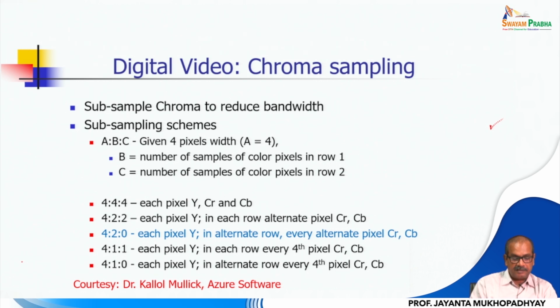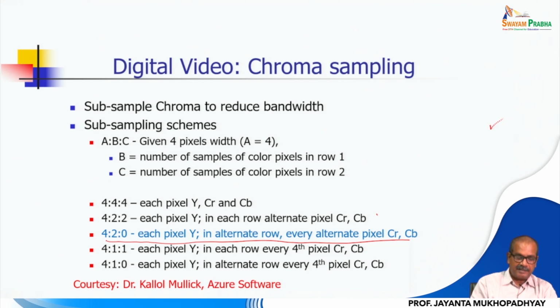There are several such schemes which are used here. Say 4 to 4 to 4, each pixel having all the color information, and you can consider other schemes as I explained. Particularly note this scheme which is very popular in the JPEG standard also.